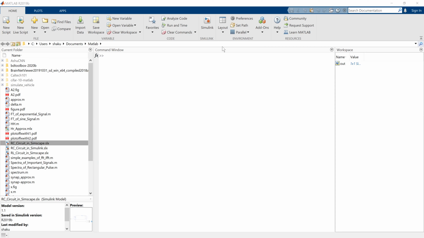All right, so this I'm going to connect here, and this I'm going to name as I of L, meaning the inductor current. Okay, this is inductor current. And let's change the values.